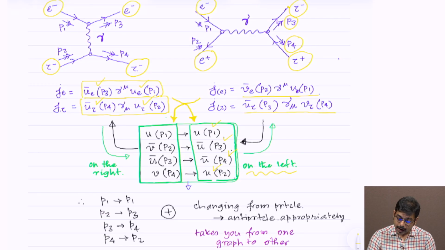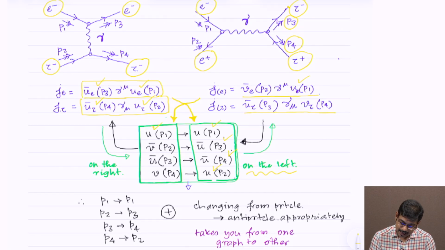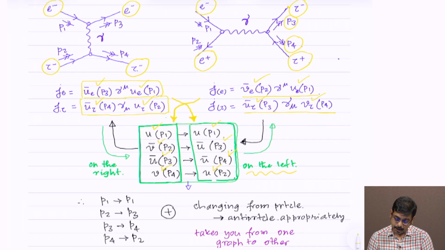On the other hand, on the right hand side for e plus e minus to tau plus tau minus, what are the spinors that you have? You have once again u P1 which remains the same, then you have v bar P2 instead of u bar P3, and then you have u bar P3, and you have v P4.